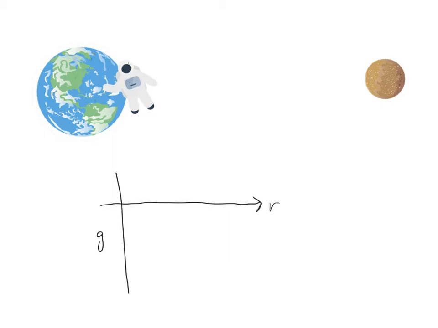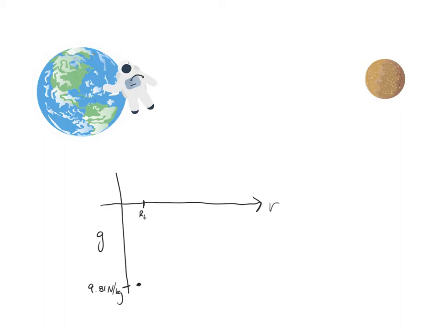So to begin with, if you're on the surface of the Earth, you will have a gravitational field strength of 9.81 newtons per kilogram, and that should be at the radius of the Earth, obviously. So I'll put a point there.